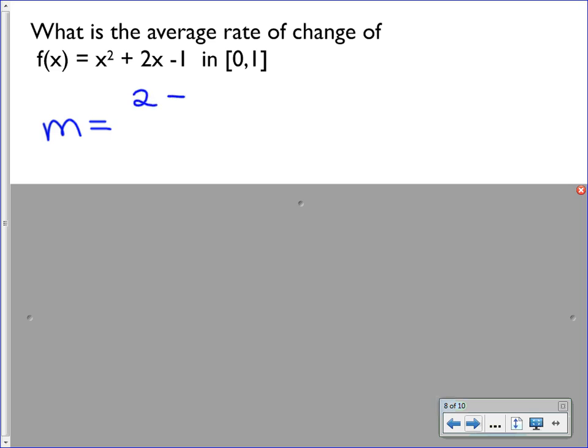What's our function value at 0? -1. So we have 2 minus -1 over 1 minus 0, and we get 3. Average rate of change. We all good there?